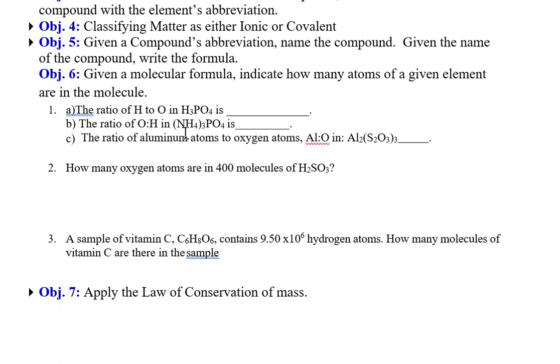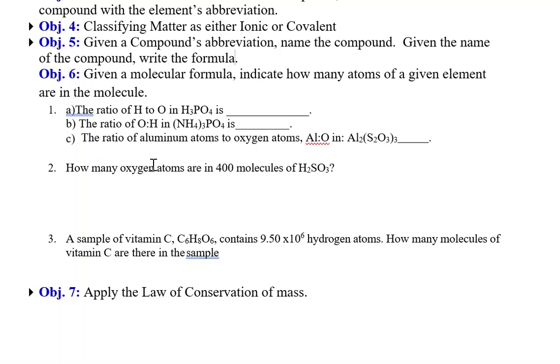The way I figure out how many hydrogens I have is I take the subscript of hydrogen and multiply it by the number on the outside of those brackets. So in this compound, I really have 12 hydrogens, and I have 4 oxygens. So my ratio here is going to be 4 to 12. Now I can simplify that as 1 to 3, which is probably the better way to do that.